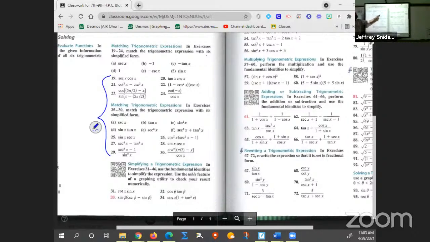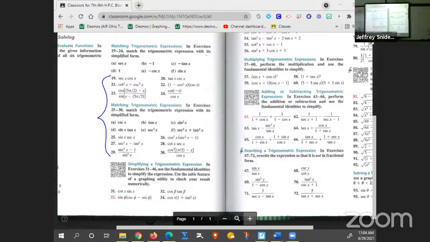So one of these, like secant x cosine x, is equal to one of these things up here. It's a matching. It's basic simplification. Down here, exact same thing. It says match the trig expression with its simplified form. Again, it's the same idea, a little bit more complex. That's the first section. Can you simplify this, and will you find some version of it up here?